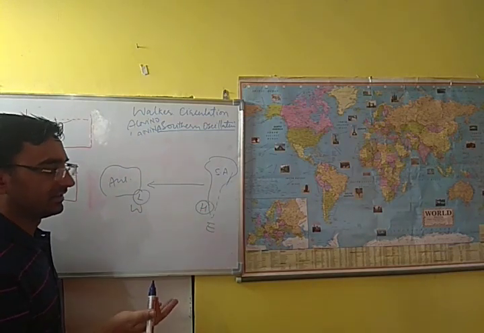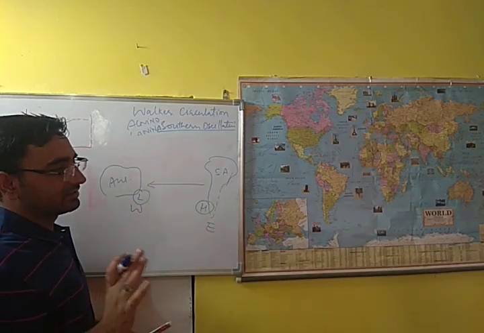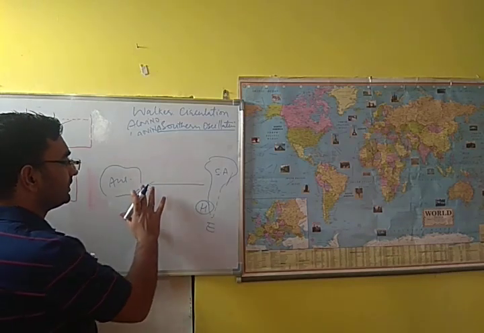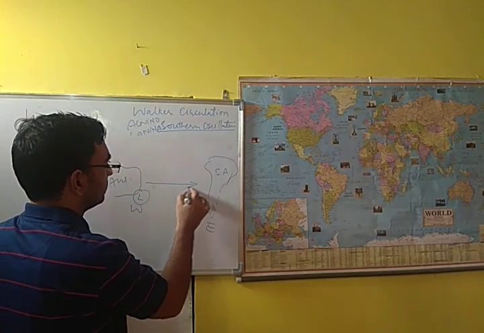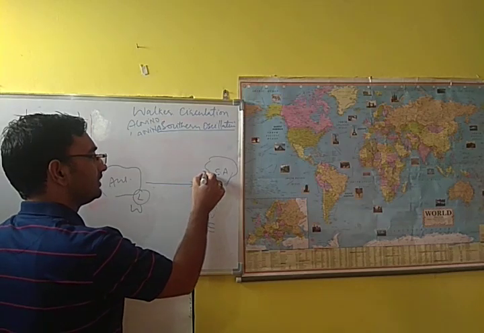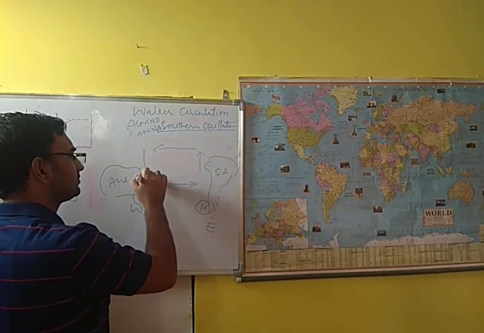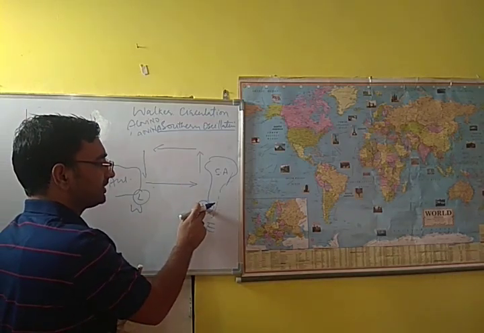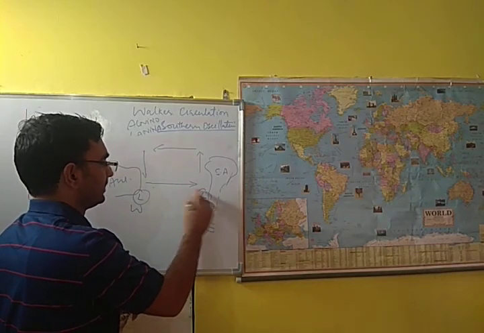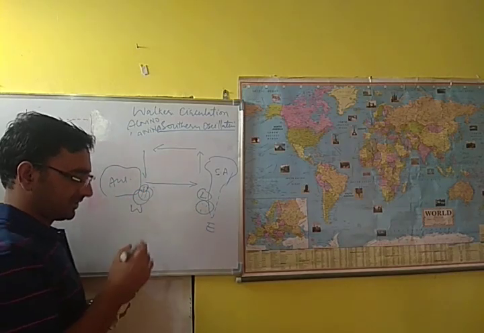This will get reversed. It is not exactly getting reversed fully, but in order to understand, let me say it is getting reversed. And the rise takes place somewhere here, so the entire phenomenon gets reversed. It was high pressure here, it is now becoming low pressure. It was low pressure here, it is now becoming high pressure.